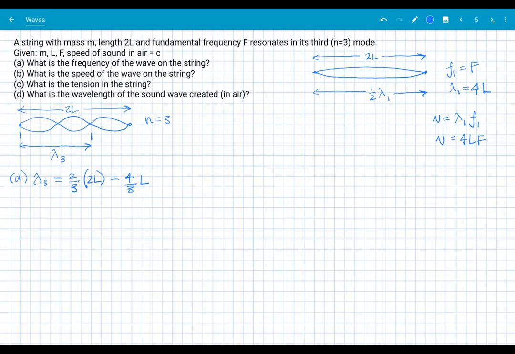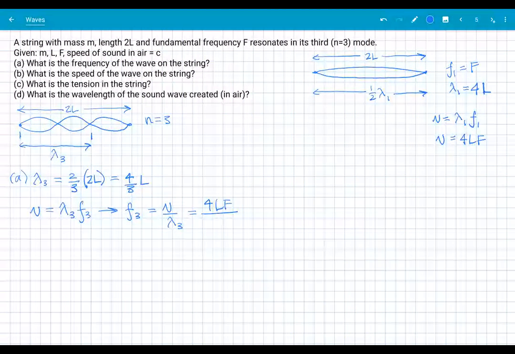So we also know that wave speed is equal to the product of the third mode wavelength times the third mode frequency, right? So I could leverage that and say the third mode frequency is equal to wave speed divided by wavelength for the third mode. And if I do that, my wave speed, I've already solved for that in the fundamental case, 4LF.